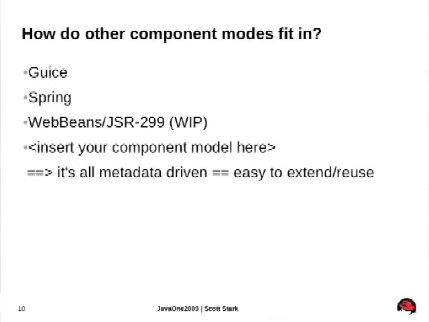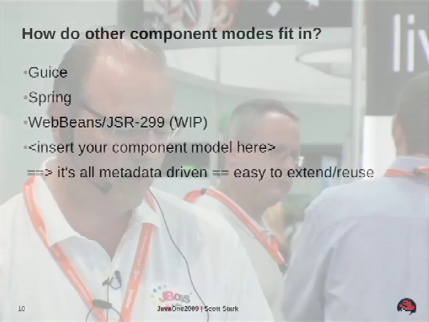So what about other component models? Well, typically, other component models are really just a subset of our existing metadata models, and so we can typically just map their metadata view onto our existing POJO models. So for example, Guice, Spring, and WebBeans, that's basically how they've been done, and I'll show an example of how Guice can fit in.